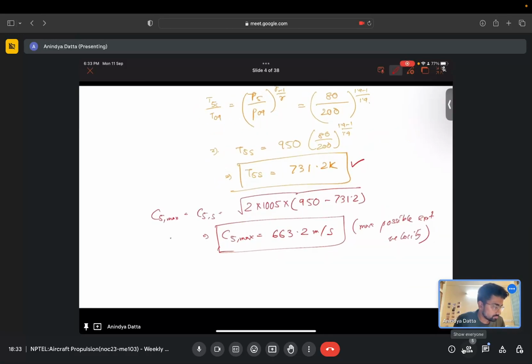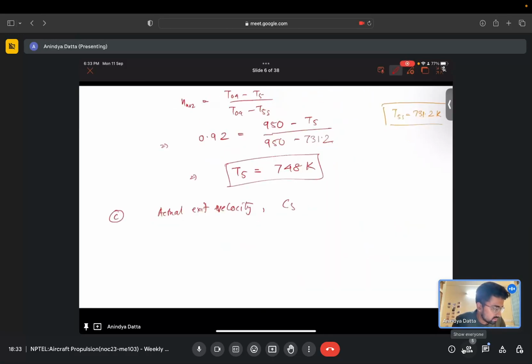So this is 2 cp times (T04 minus T5), right? So this is 2 into 1005 into (T04 is 950 and T5 is what we got, 748).